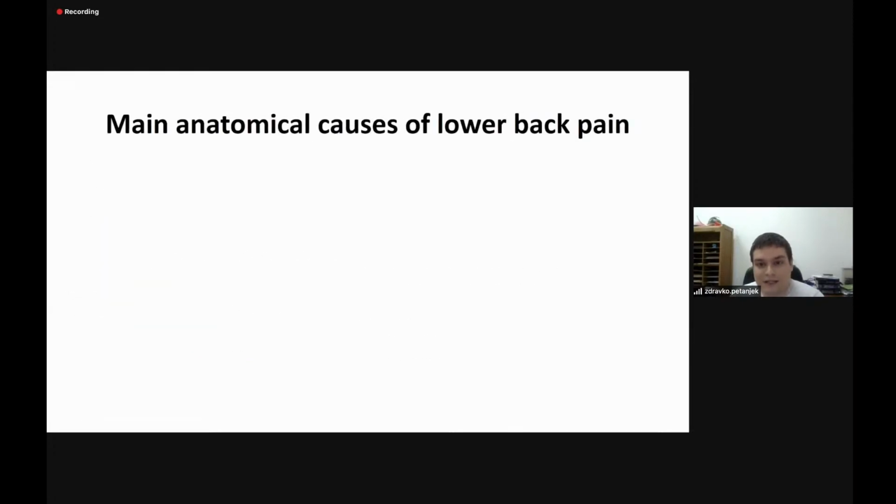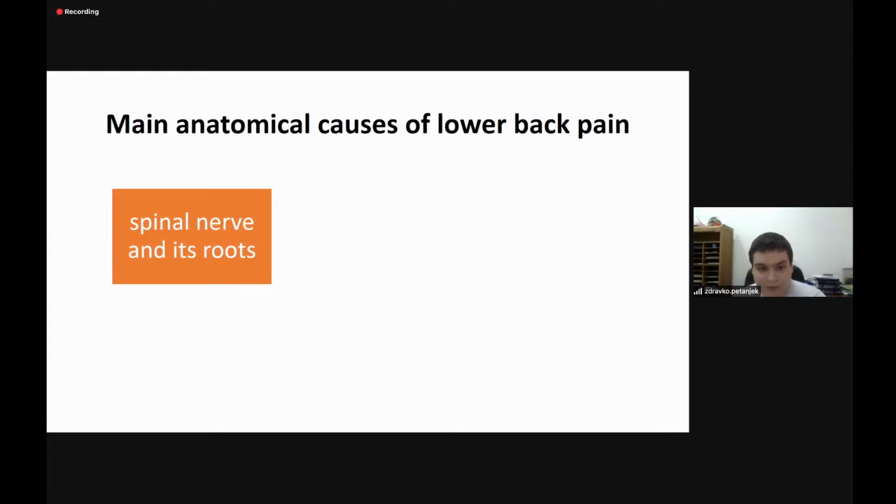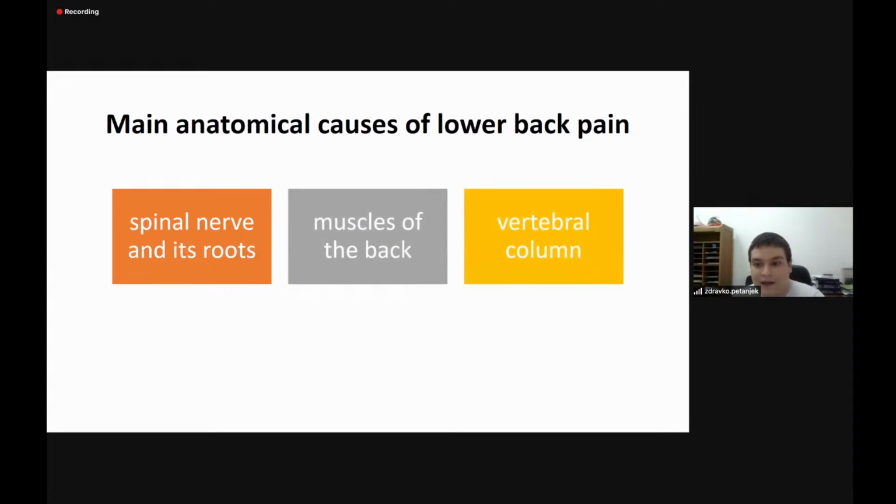And now let's get to the main anatomical causes of low back pain. So there are several possible causes. We have here identified the 6 main ones. First, the spinal nerve and its root. Then the muscles of the back. Then the vertebrae themselves, or the vertebral column. Then the vertebral joints.